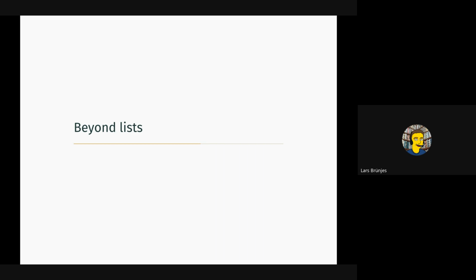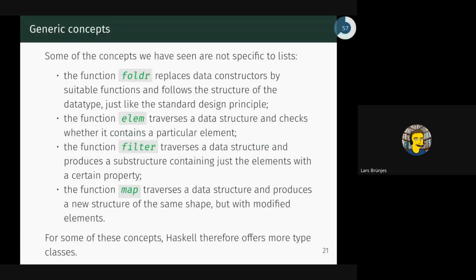Okay, and now the idea is to see that lists are not at all special in this regard. Lists are, as I said in the beginning, the workhorse of functional programming, so they are used a lot. But in regard to standard design patterns, there's nothing special about lists.